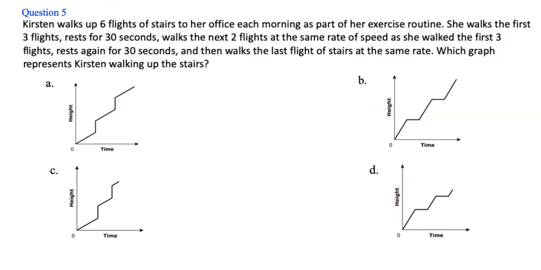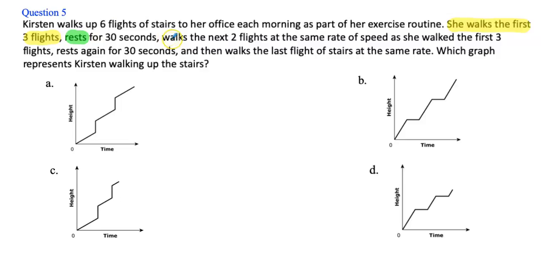Now after that, I am going to highlight important information. So it says that Kirsten walks up 6 flights of stairs to her office each morning. I'm going to go to the second sentence. The first thing she does is she walks the first 3 flights. Then after that, she rests for 30 seconds. I'm just going to highlight rests.